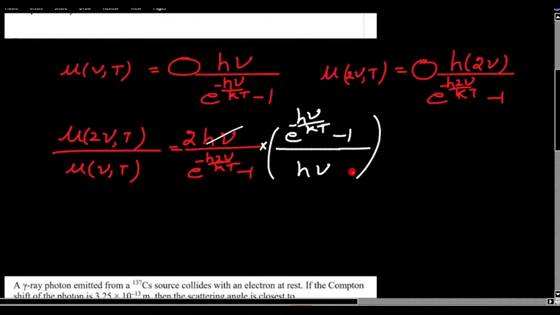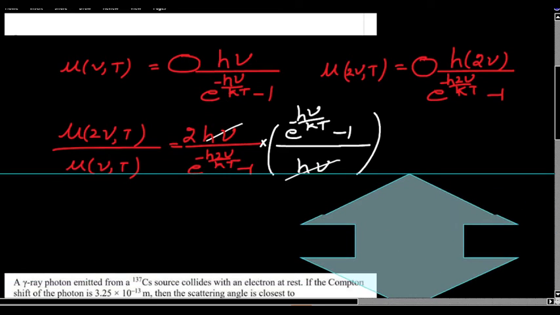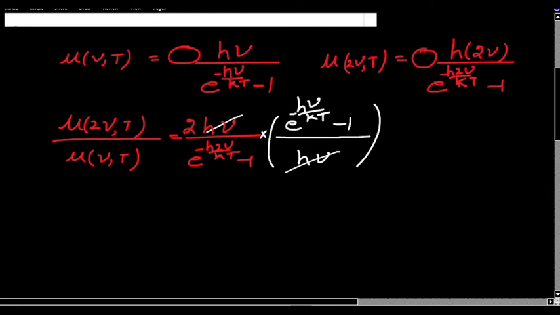After some of the factors cancel out, we are going to use one property. Let me generate some space here.